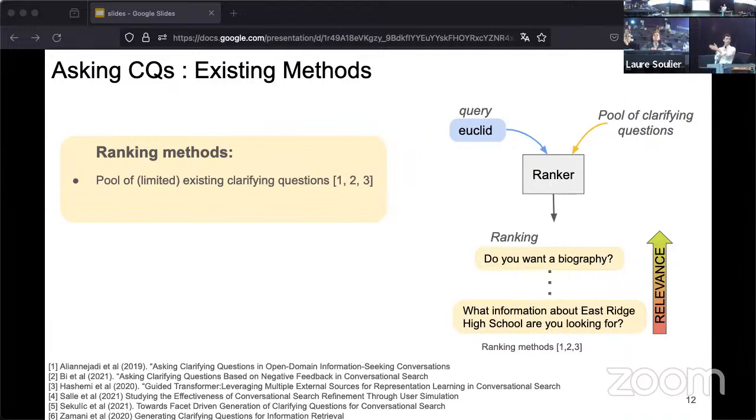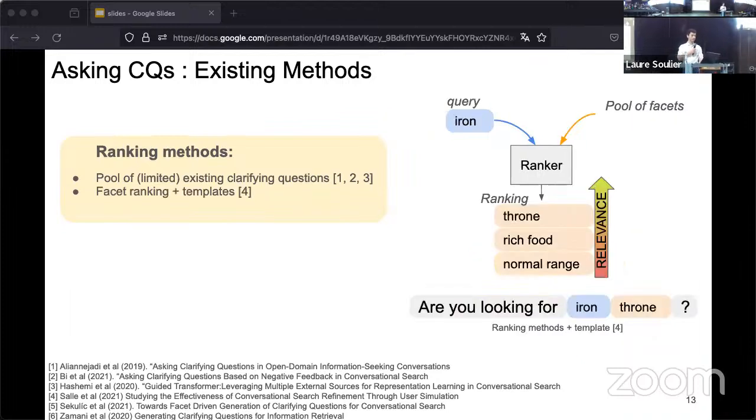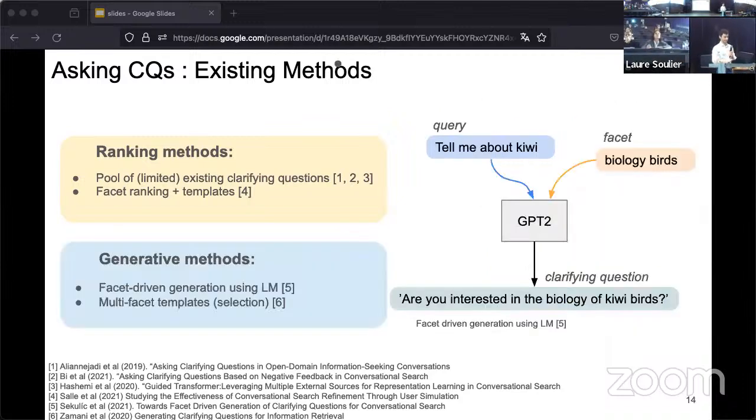So, for example, given the query "click," a probable clarifying question could be, "Do you want the biography?" There are similar approaches with facets, where given the query "iron" and a pool of facets, a probable facet could be "throne," and then this method uses templates to construct the clarifying question. So in this case, "Are you looking for Iron Throne?"